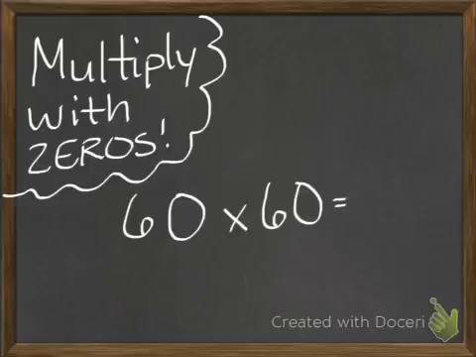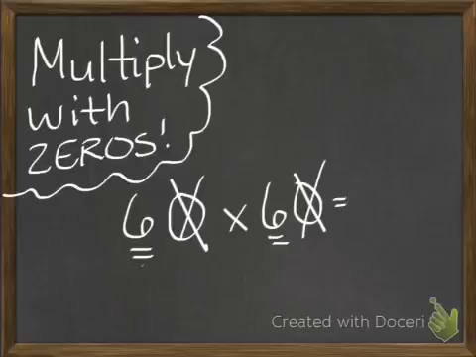Well, you are in luck because if you just take away the 0 for one moment and look at the 6, we're just going to multiply any number that has value. So zeros don't have value, 6 does. So I'm going to look at this 6 times this 6. 6 times 6 is 36.